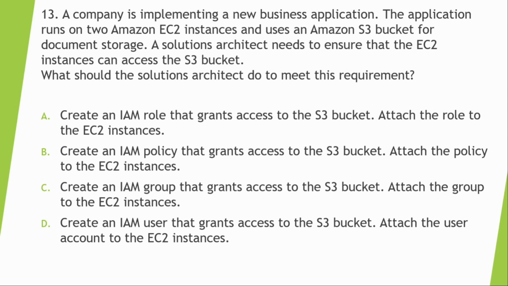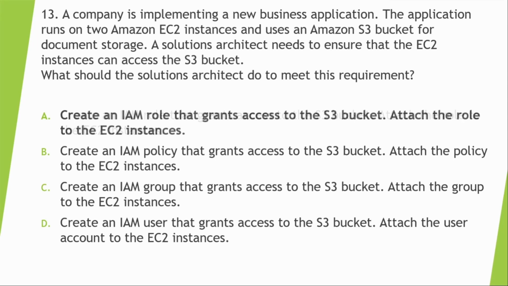So I guess we can easily state what the correct answer is. Creating a role that grants you access to the S3 bucket and attaching the role to the EC2 instances. I've already explained that in the previous question. This is a different way of asking this question.